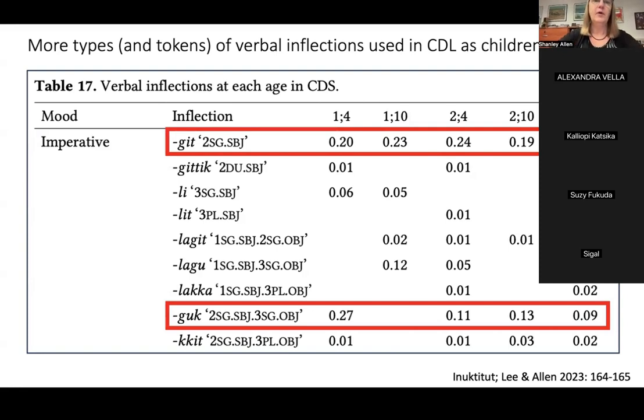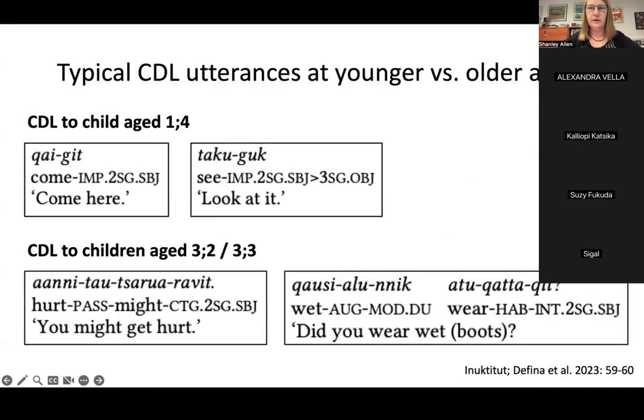And we had seen those before in, let's see if I can get to my other screen here. Here we had seen them before. So "come here" has this inflection Geet, and look, it has this inflection Guk. And those turned out to be very frequent inflections in the children.